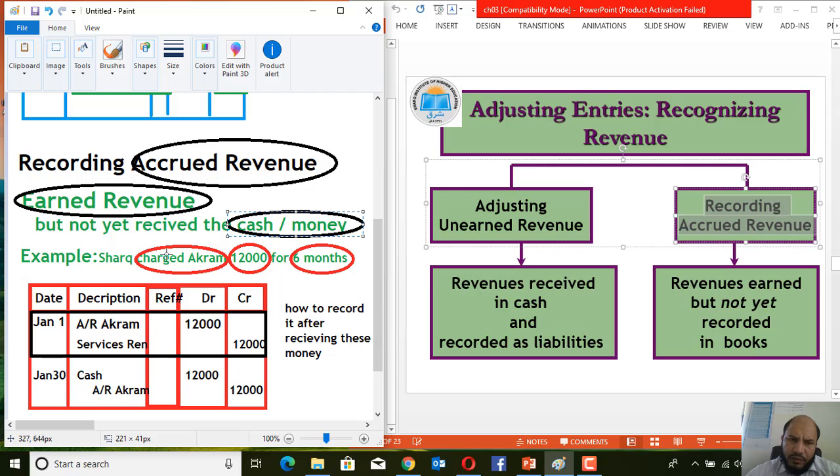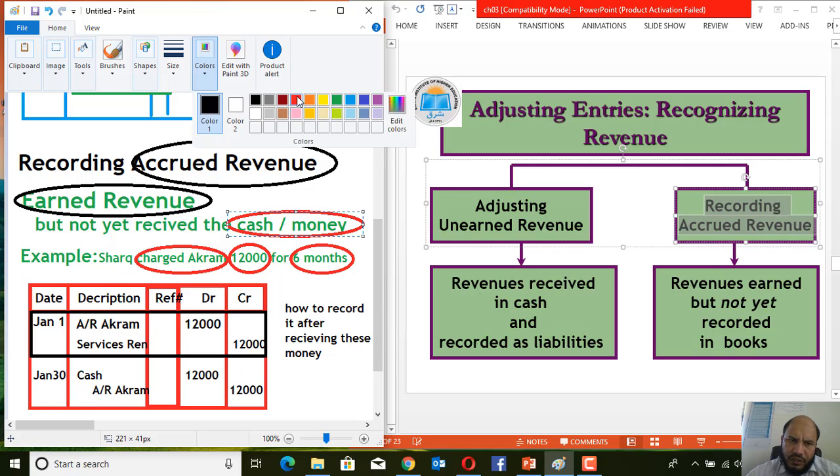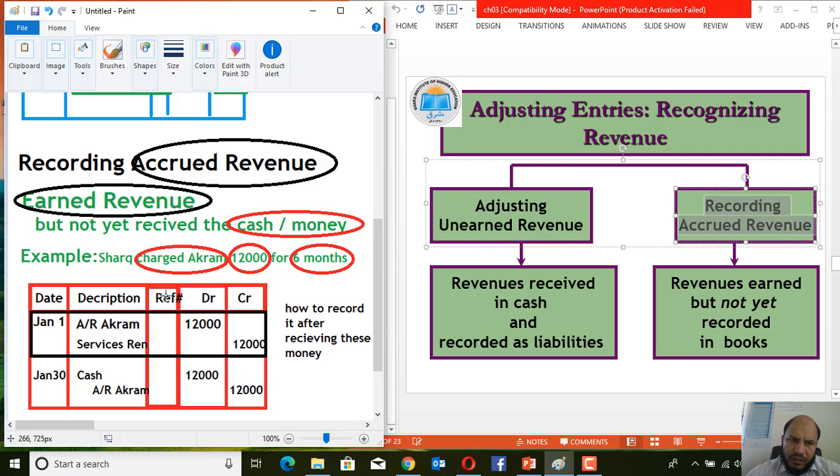So we have given you an example that at Sharq Institute of Higher Education there were students titled Akram, and Akram has received services from Sharq for 6 months, and its amount were equal to 12,000, but he haven't paid this money. So for Sharq it is receivable from Akram.